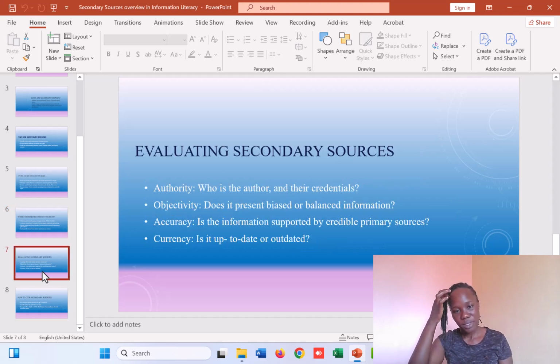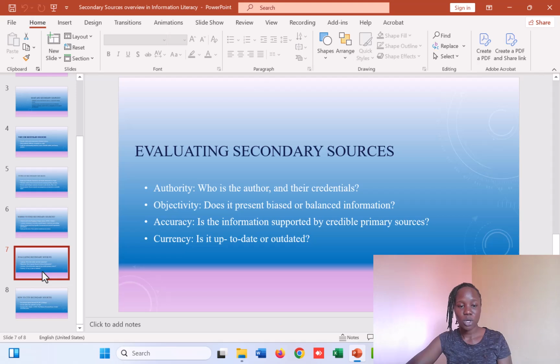Let's go ahead to see how to evaluate secondary sources, where we shall look at authority. In authority, we see who the author is and their credentials. We need to know the author of the information, the sources, and their credentials.